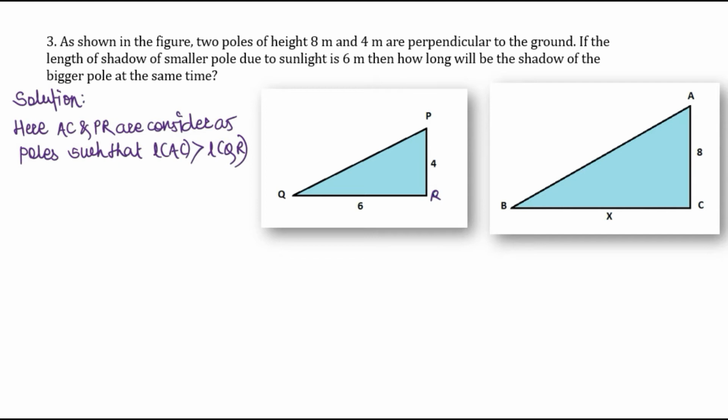Also, QR and BC are shadows of corresponding poles.